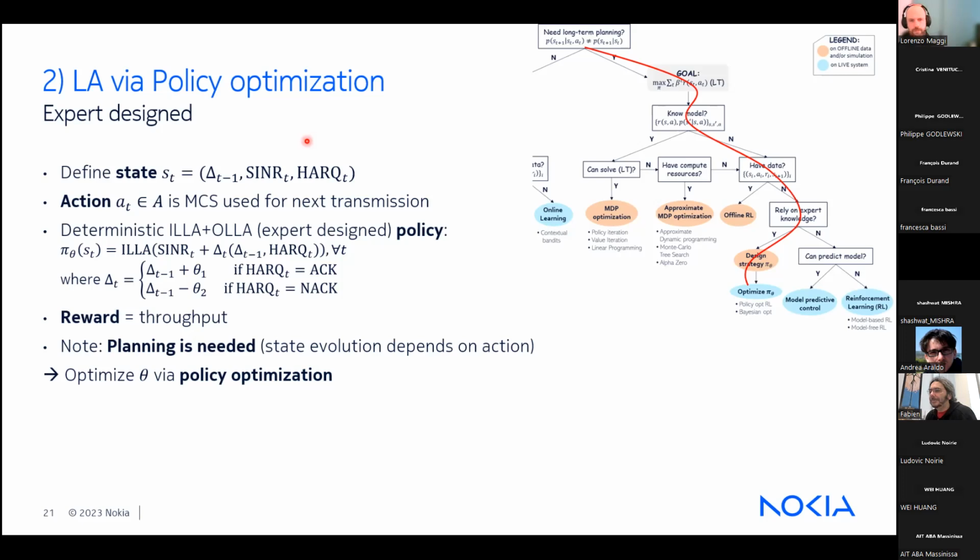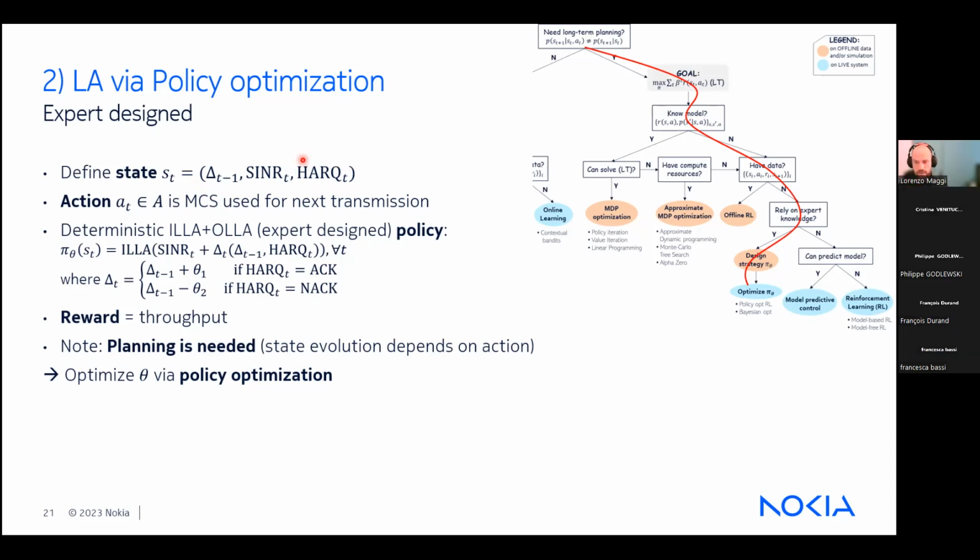Because if your action, for example the MCS, is very high, and you're transmitting too quickly, then possibly your next HARQ will be 0, so the transmission is not successful. So clearly the state depends on the action. So clearly you need some long-term planning here, at least for this formulation.